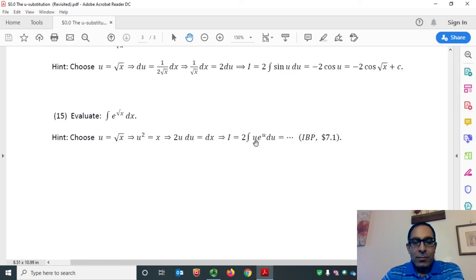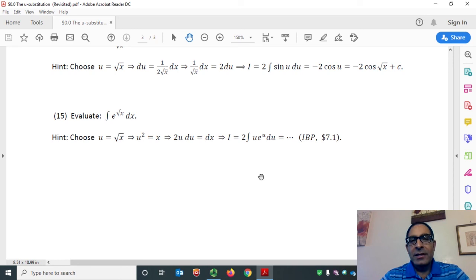Now I cannot move forward because I don't have the technique to integrate such types of integrals. Now here the integrand is the product of two functions. One function is algebraic, another function is exponential. And for such integrals we have to use another technique.